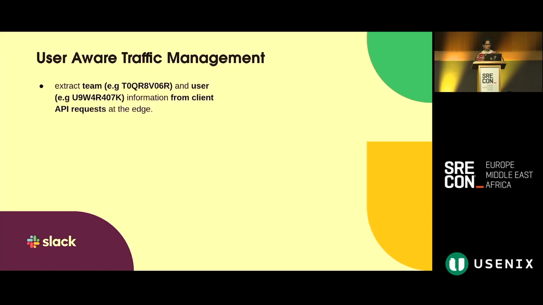For those wondering, Team ID is a machine-generated ID that represents a Slack workspace. For example, some of you may be familiar, USENIX SREcon is a workspace name, human-readable, but underneath it has a machine-generated ID. Likewise, user ID is a machine-generated ID for a user in a workspace or a team.